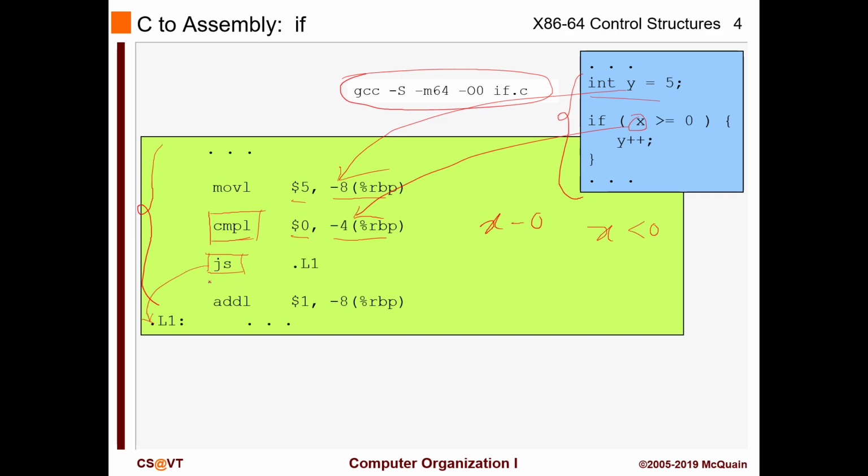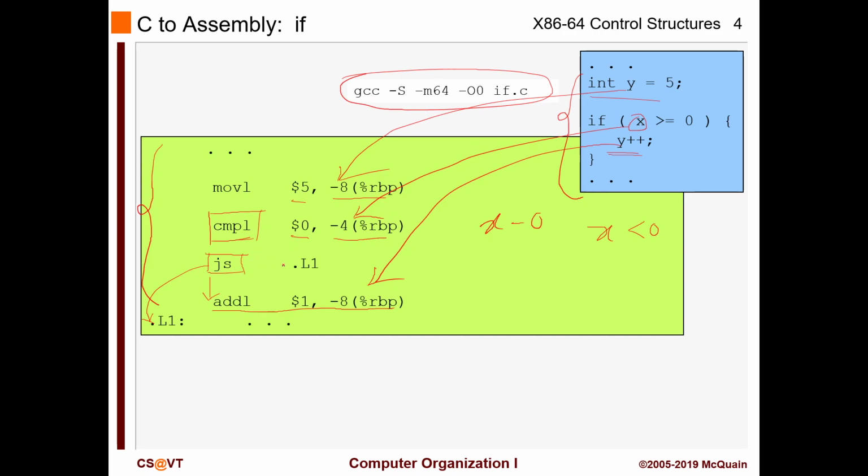Otherwise it's just going to go to the next line, which is this, and then we are adding 1 to y, because we know that this was the variable y. So this is a very simple version of C code turned into assembly code.